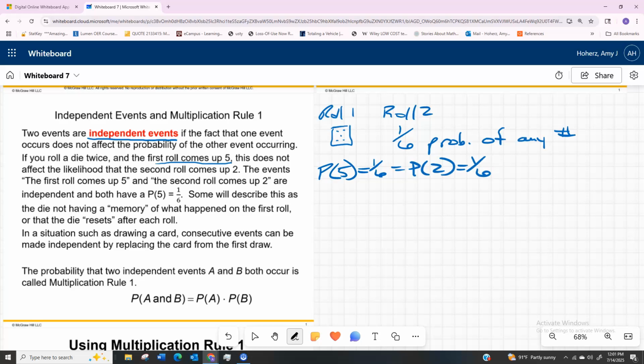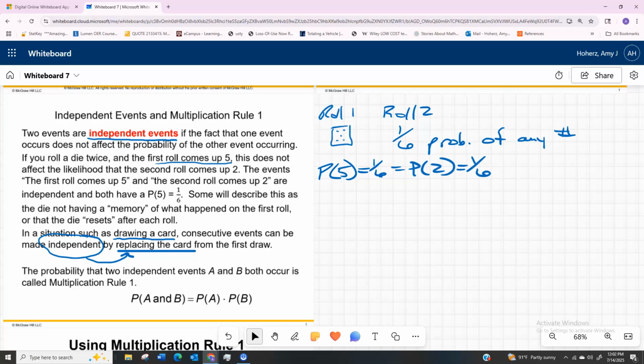Now, if we look at another type of situation where we don't have something like a die, such as drawing a card out of a deck, you can still make the consecutive events independent if you replace the card. So it's independent if you replace what's been removed.